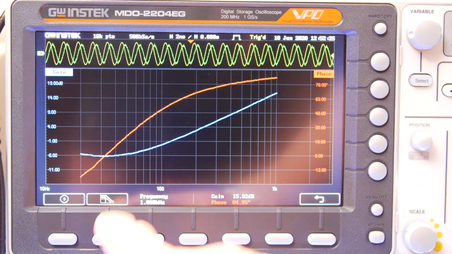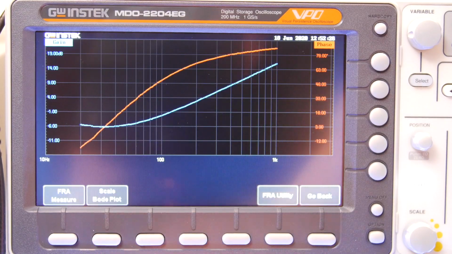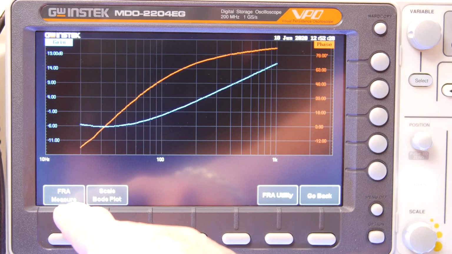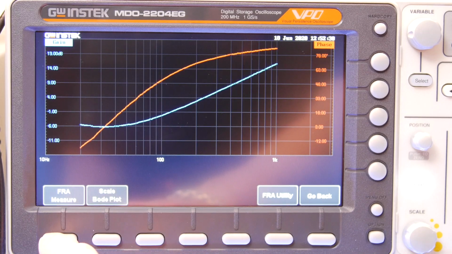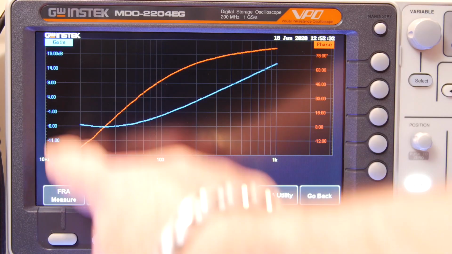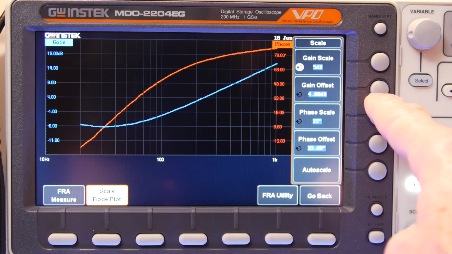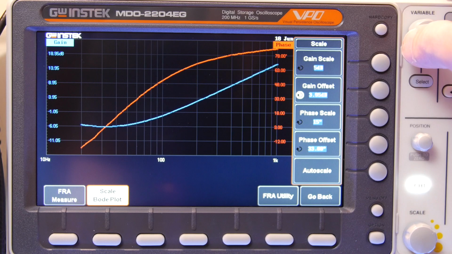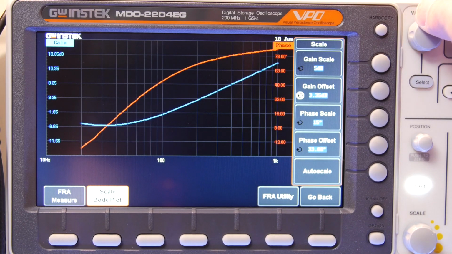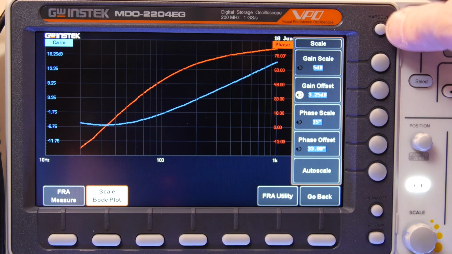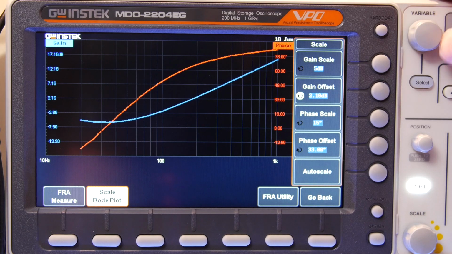Alright, so what we can do is go to measurements here, and FRA measure. Let's hit that. No, let's hit the scale. See the scale? We want a 0 dB on the scale, make it easier to read. So gain offset's 4. Let's push that, and let's put that at 0. See over here? We want to put that at 0, right in the middle of the screen.